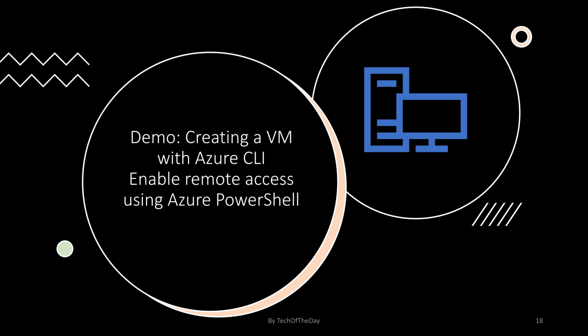And then I hope you will do that. So this is simply a demo which I'm skipping. I'm not doing a demo using PowerShell and enabling remote access using PowerShell, which I could do, but I want you to do that as well.